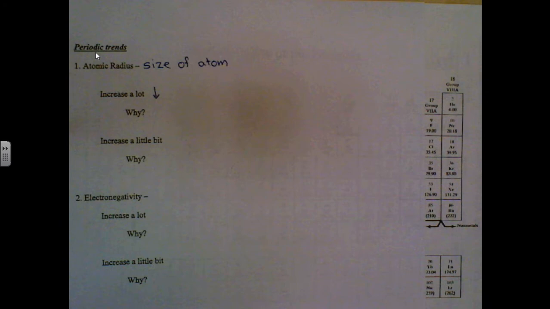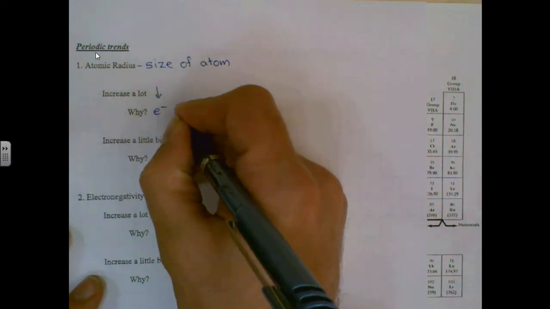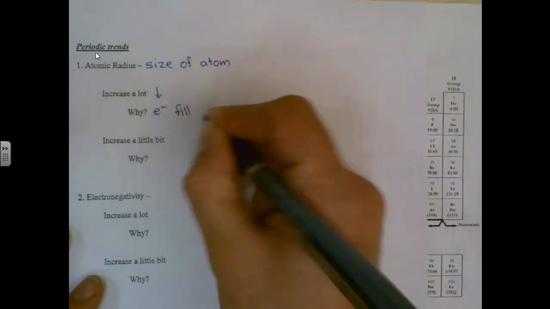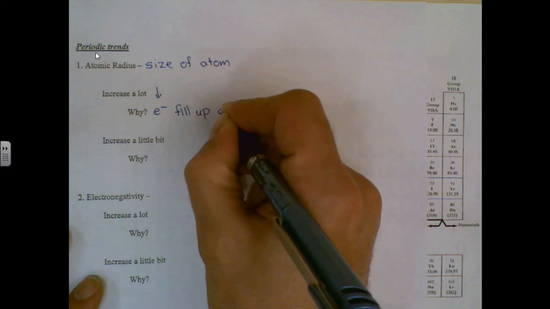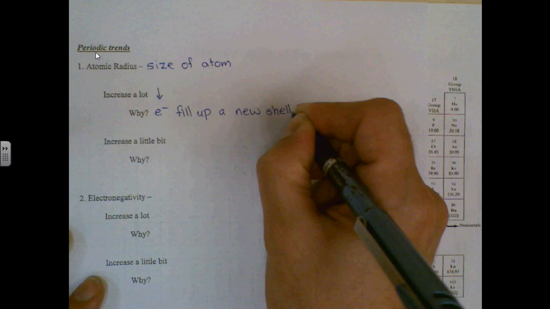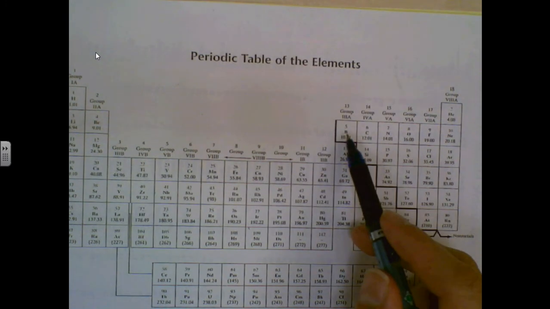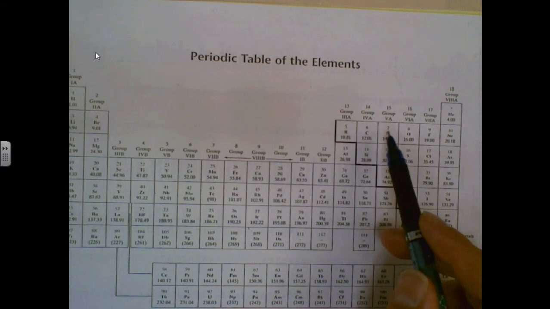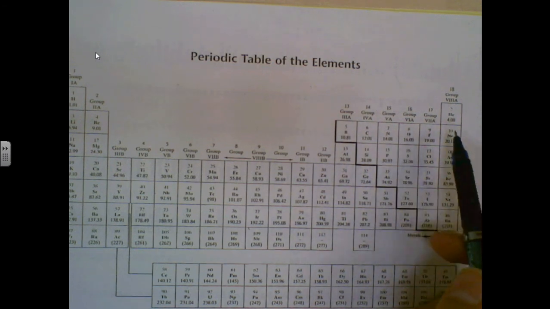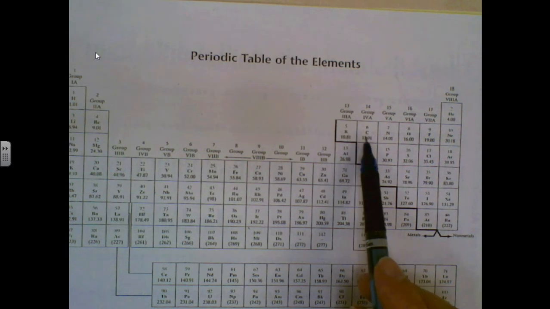The reason is that each time you move down a shell, the electrons are filling out a new shell around the atom. So electrons fill up a new shell. Imagine that you're moving across from boron to carbon to nitrogen to oxygen to fluorine to neon. You're not really filling up any new shells as you do this.